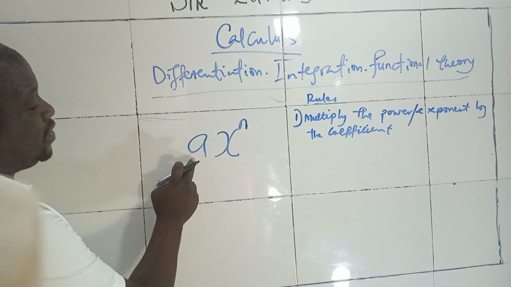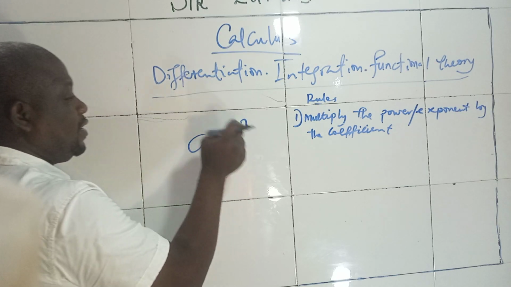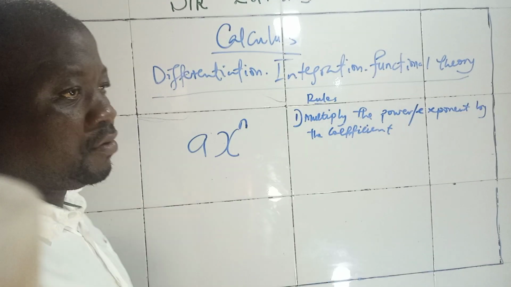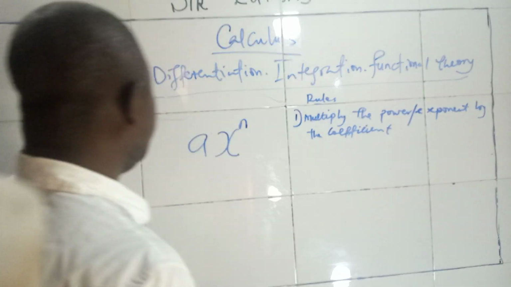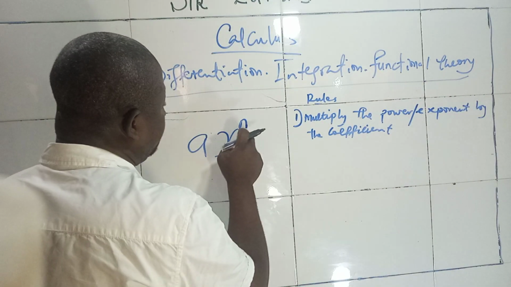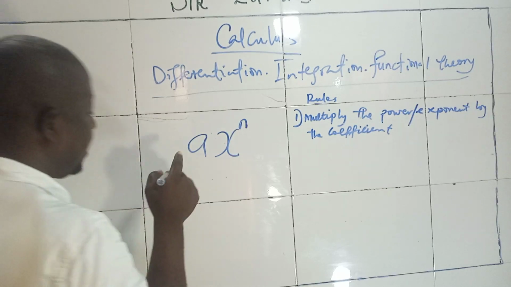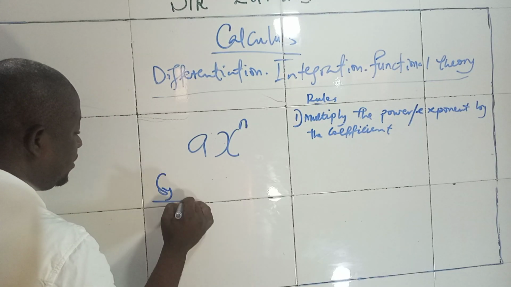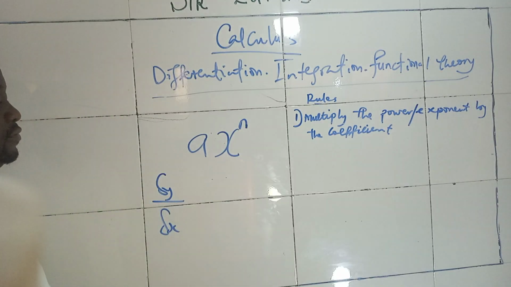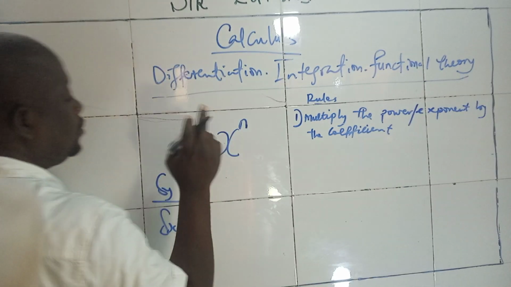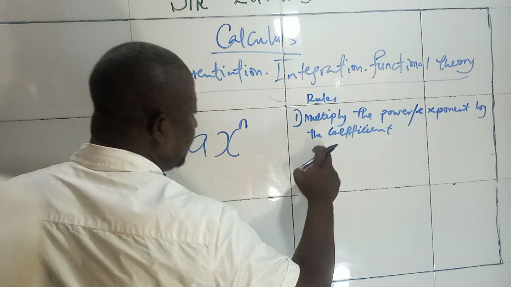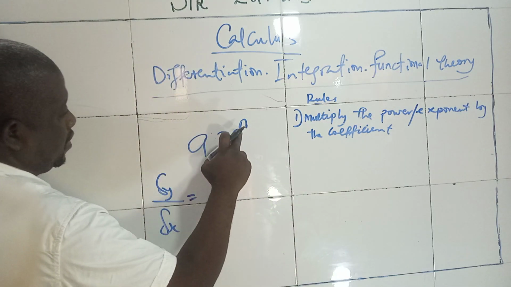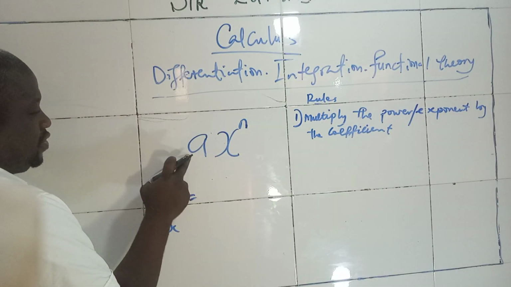So for you to differentiate ax raised to power n, because it's the law of power, that's the general law for differentiating any function. So it's now saying that for you to find the derivative of this, that derivative known as dy/dx is equal to, the rule is multiply the power or exponent by the coefficients. What is the power? n by the coefficient, which is a.